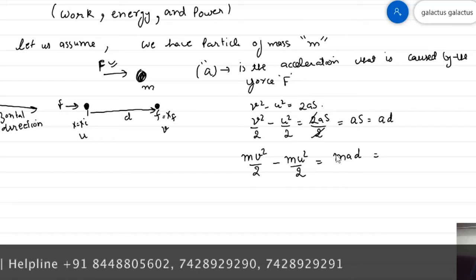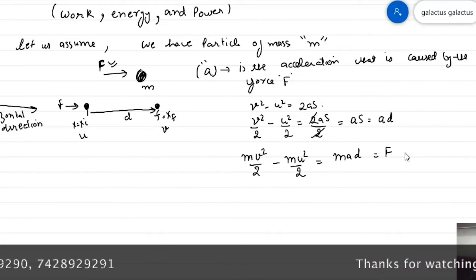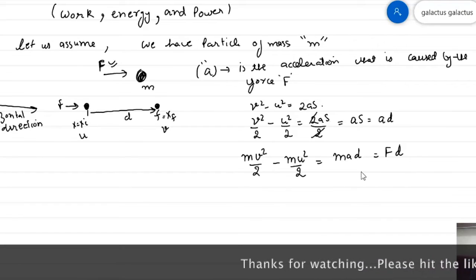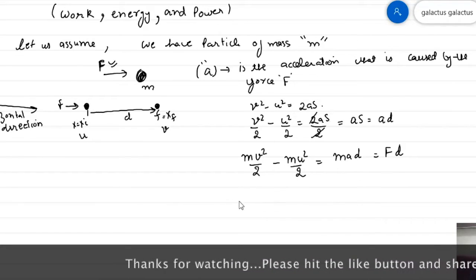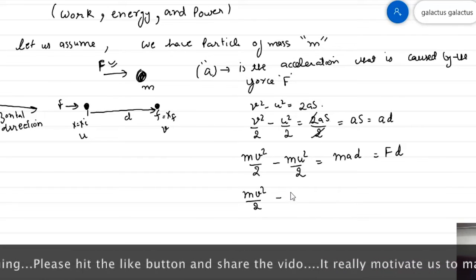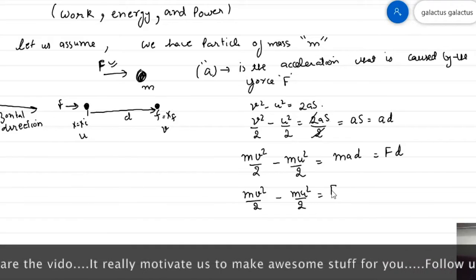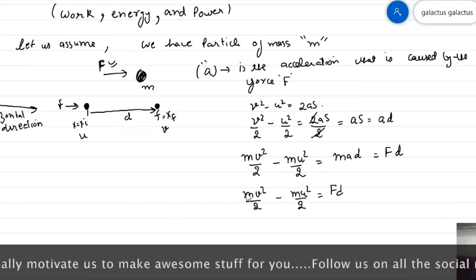Now ma is the applied force on the particle, which is equal to F, and d is the distance. So finally we got m v square by 2 minus m u square by 2 is equal to F d.